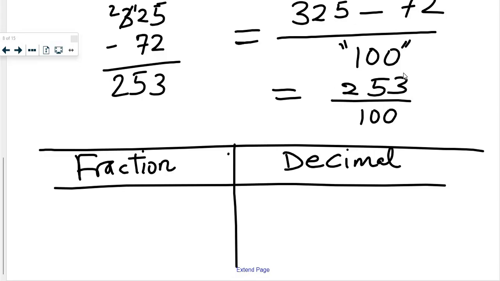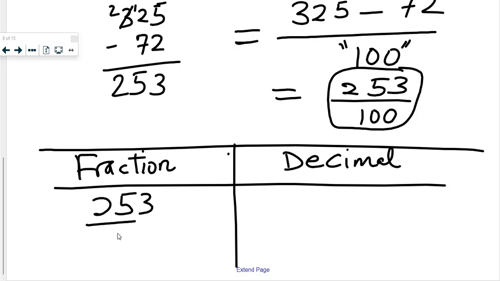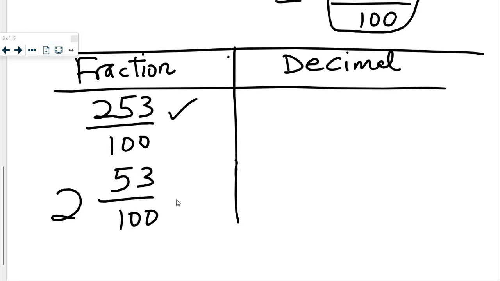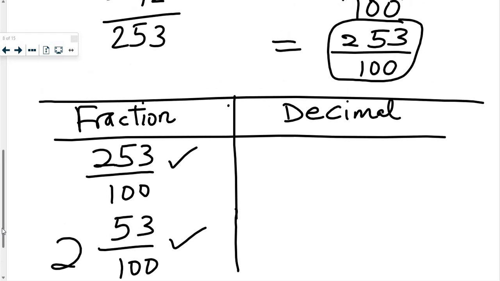Now, fraction, we already have 253 upon 100. You can leave it like this, or you can keep it as a mixed number. Both of these are the answers.